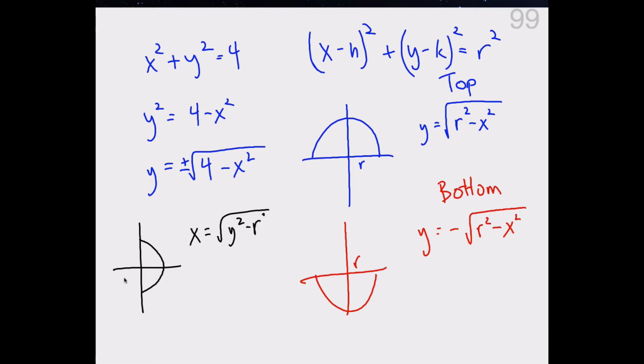Oh, no, I did that wrong. It's backwards. R squared minus y squared. And that would be the right side. And then, running out of room here. Over here.